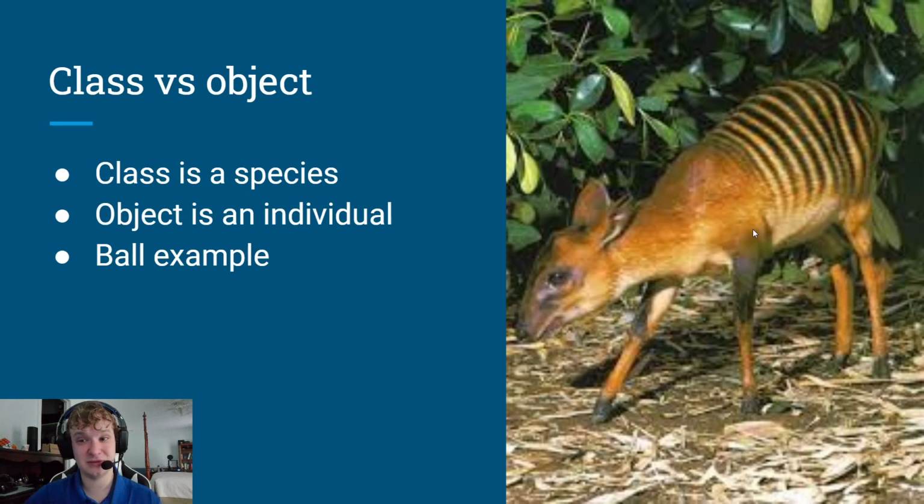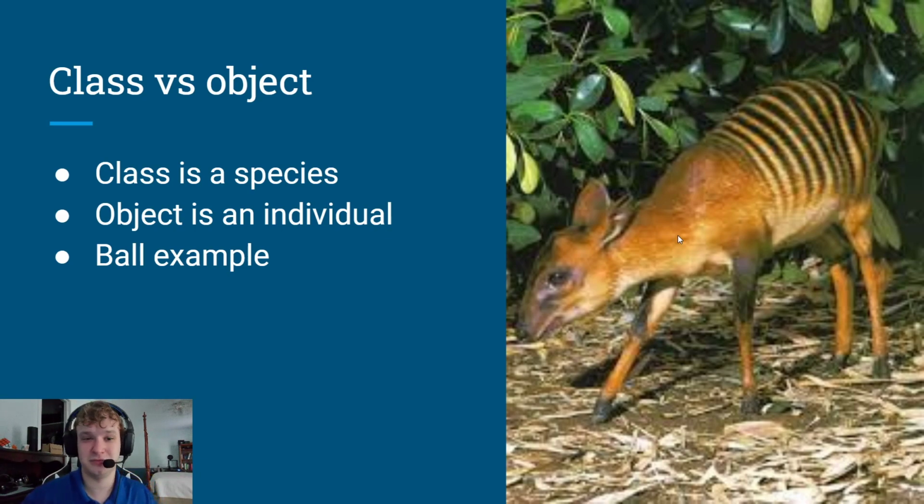Same thing with position. Maybe they both have a position variable. If they're on Earth, maybe it's a GPS coordinate, or you can think of it as X and Y if you want. Unless Bob and Janet are standing in the exact same spot, even though they have the same position variable, they're going to have different values. Same thing with color. Maybe they both have a color, but Janet's a little more golden brown, and Bob's a little darker brown.